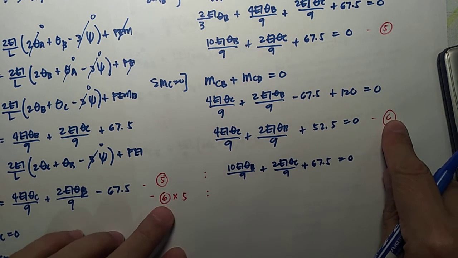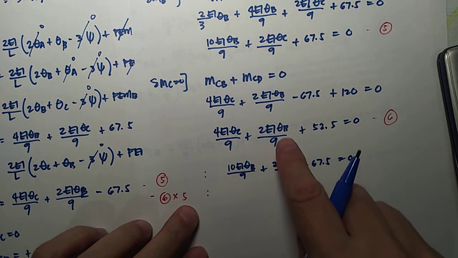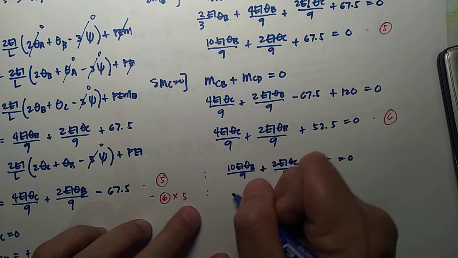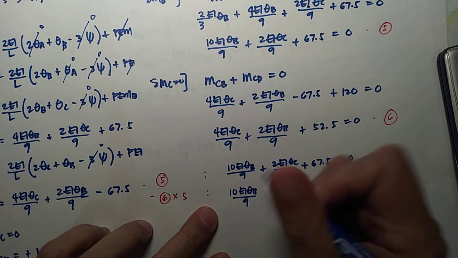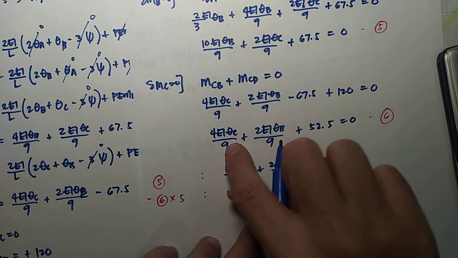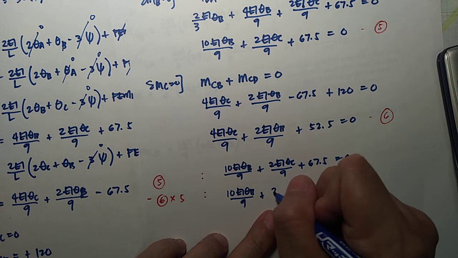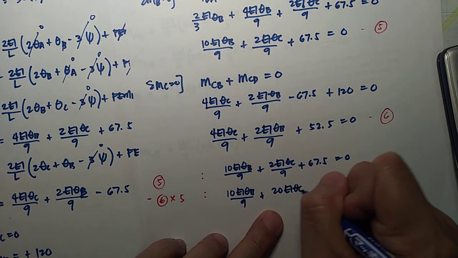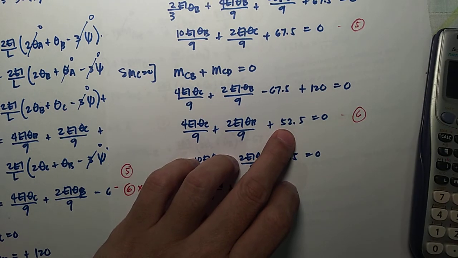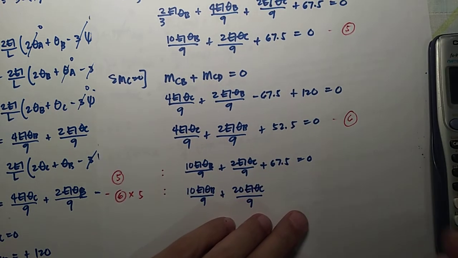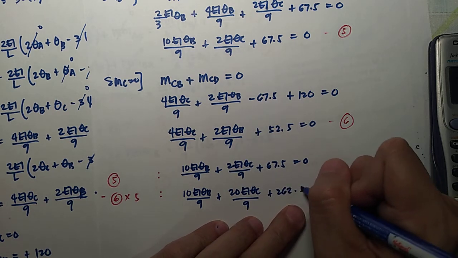Equation 6, i-multiply ko siya lahat ng 5. So, pag minultiply ko ng 5, magiging 10 EI theta B over 9. Tapos ito, pag minultiply ko ng 5, 5 times 4 is 20 EI theta C over 9. Tapos ito rin, 52.5 times 5, magiging 262.5 equals 0.